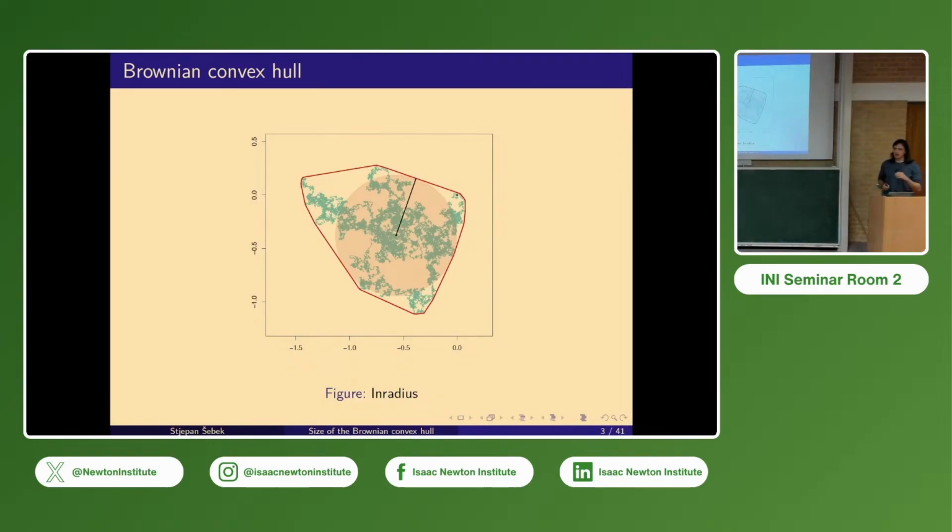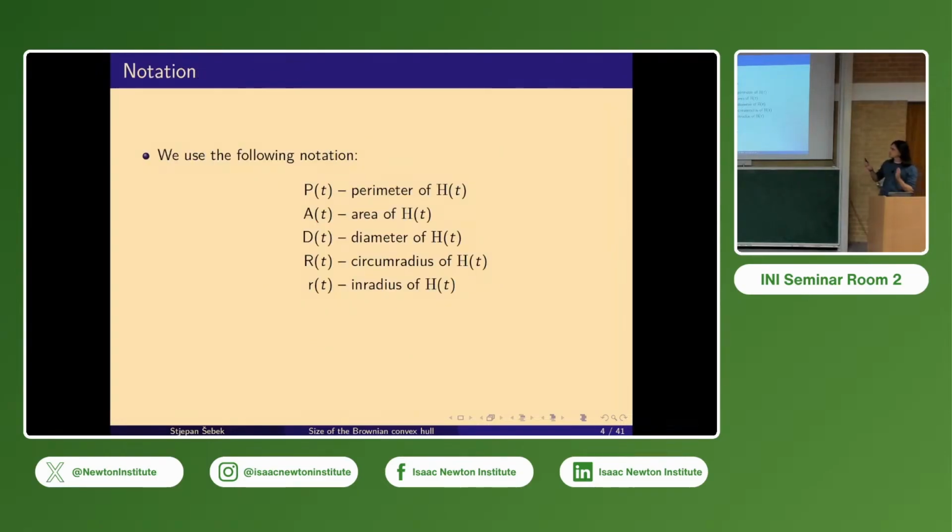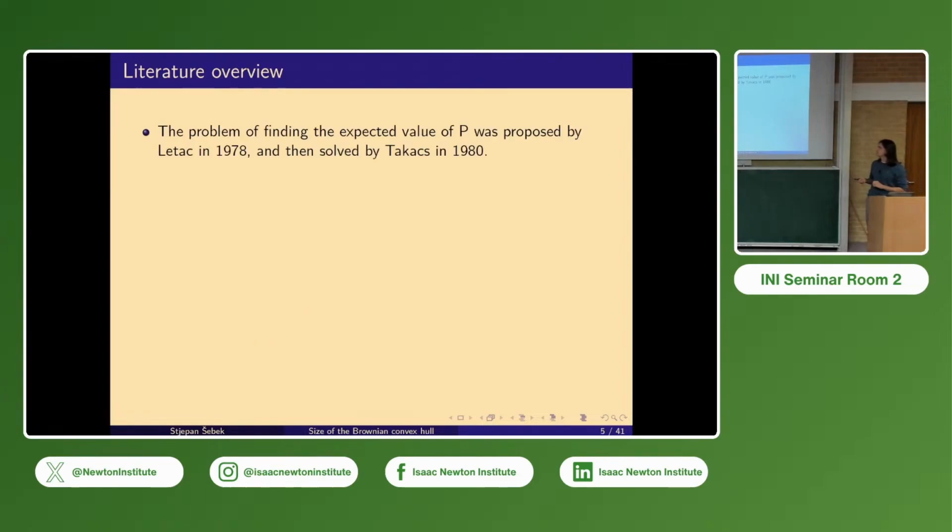Okay, so let's see what has already been done before. The notation is just P for perimeter, A for area, D for diameter, big R for circumradius, and small r for inradius, and we drop the time when t is equal to 1.